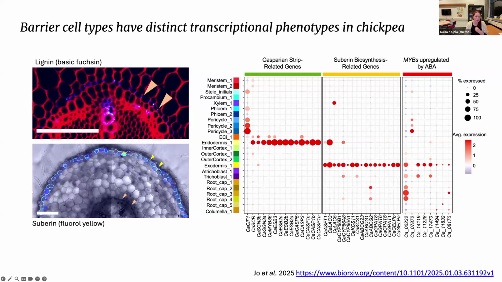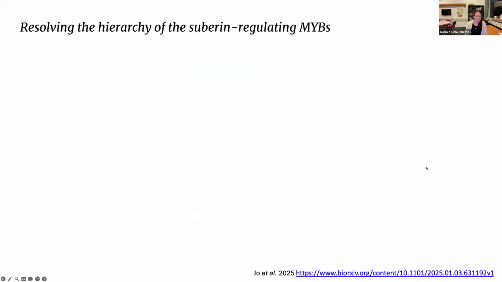And then as the chickpea endodermis does not suberize, we use the suberin to annotate the exodermis. And then when we looked at our ABA upregulated MYBs, we found that some of them were in multiple cell types, but some are specifically in the exodermis.